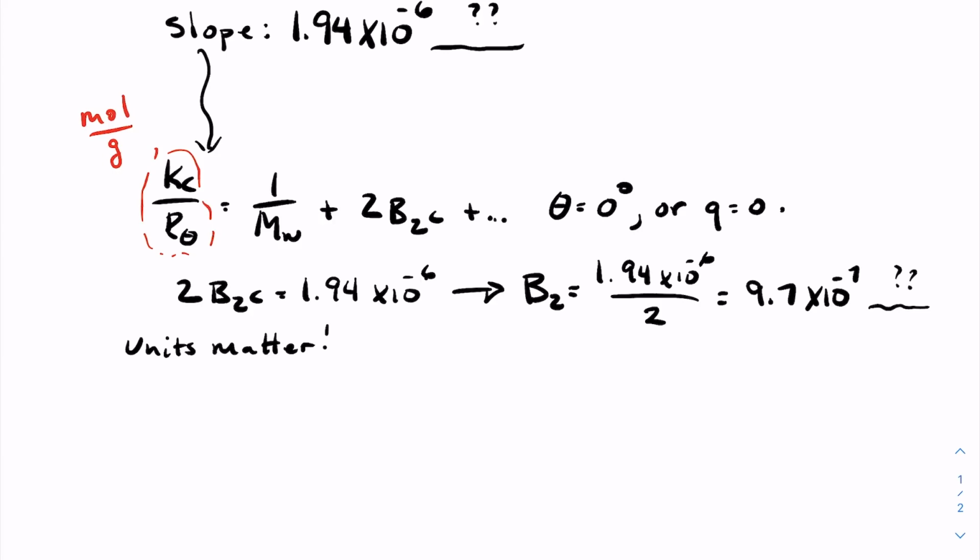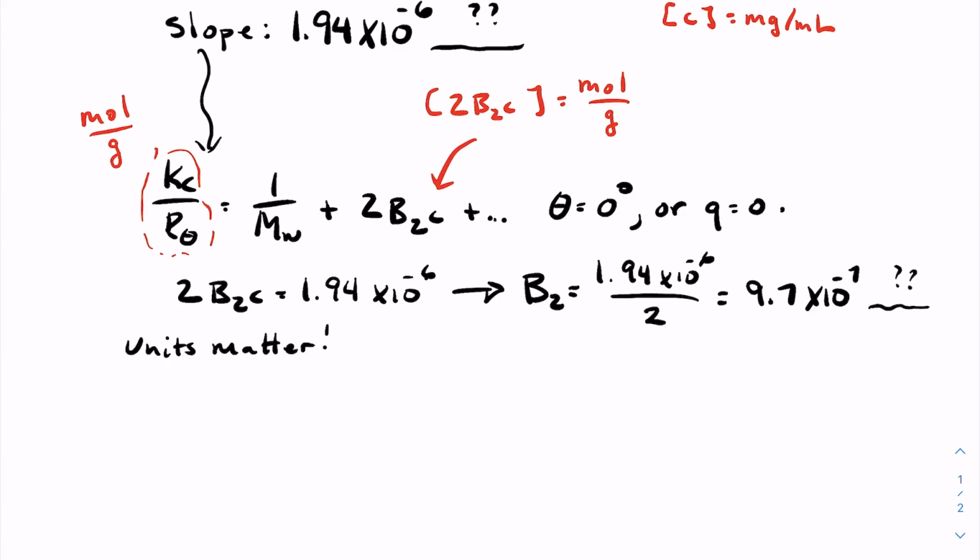And 2 times the second virial coefficient times the concentration must have units of moles per gram. Now we knew what the concentrations had units of because that was milligrams per milliliter.